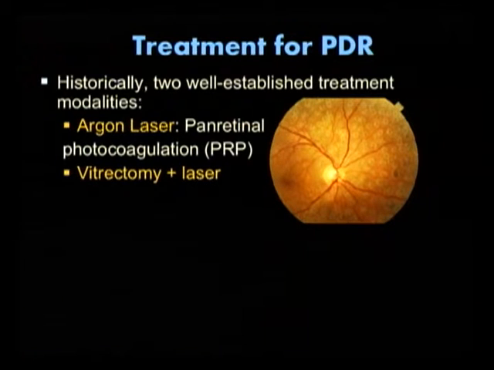In cases of advanced disease where you have a lot of blood and the retinal detachment, the management becomes more complicated and it involves a vitrectomy, which is basically a removal of the gel inside the eye together with the fibrosis, with the scar, and any associated blood.